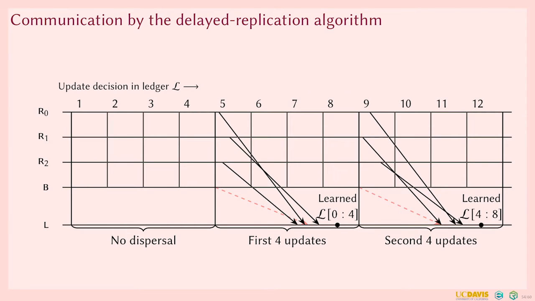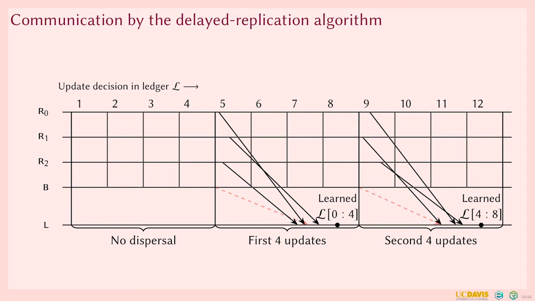Furthermore, let's give a small example. The delayed replication algorithm, of course, processes replicas of processed transactions in a number that is dependent on the number of replicas. So it first has to wait until a few decisions are made. And after that, it starts broadcasting, and each of the replicas will send their pieces to the learner.